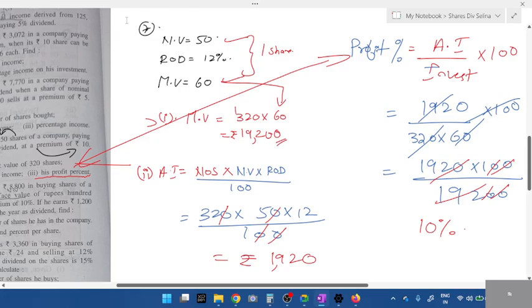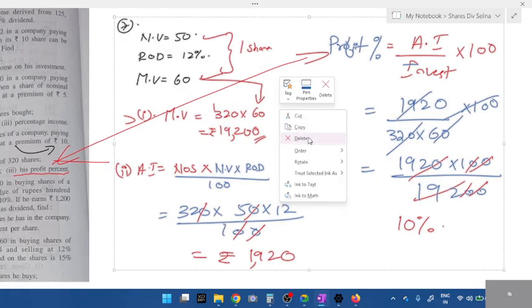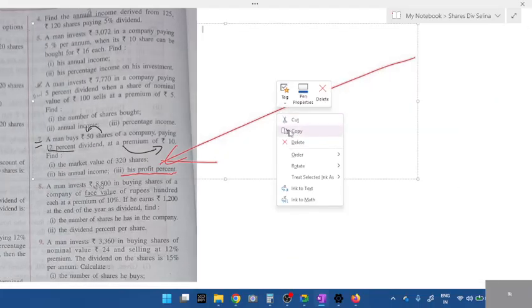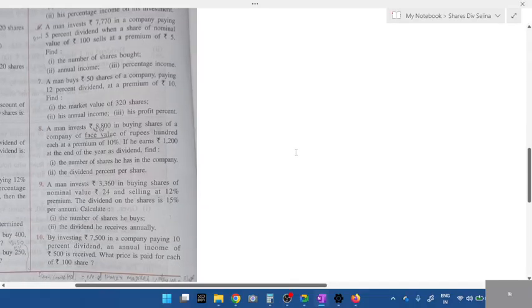Next one. Only the names are different, students. Okay, profit percent. Next, eighth one. Tell me the eighth one.